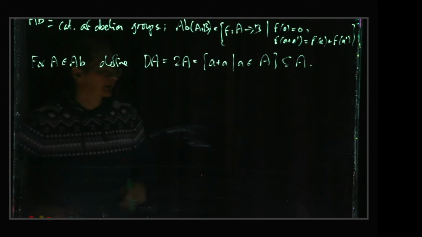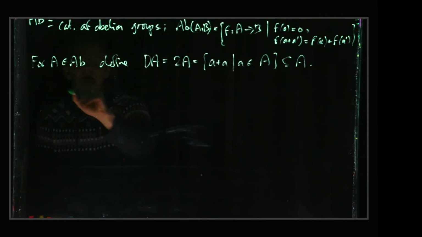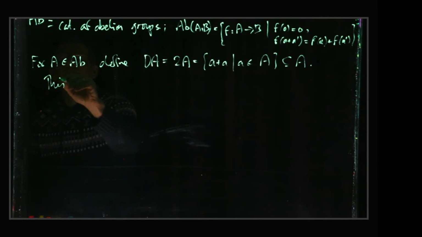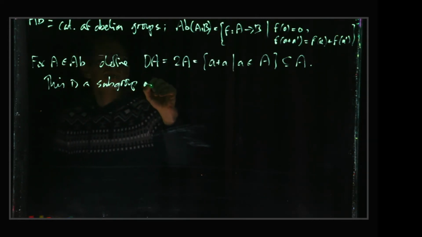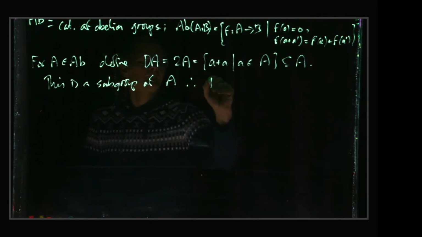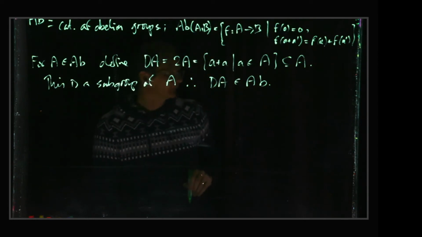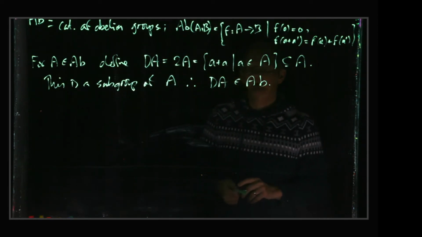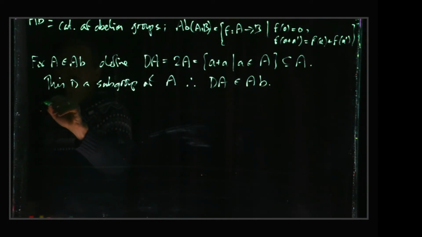It's easy to see that this is a subgroup, so we can regard it again as an object of the category Ab.